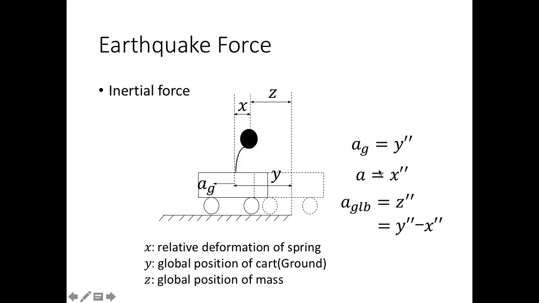Thus, the global acceleration acting on the mass m will be z's second derivative, which is the difference of the ground acceleration and the relative acceleration of the mass. Here, because the deformation direction of the ground and the structure is opposite, there is a minus, or you can add them together if you define them in the same direction.